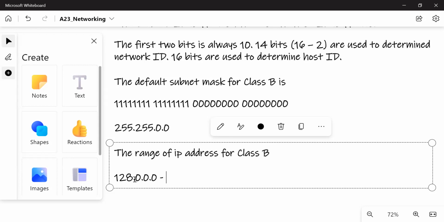Then you go with all ones for the network. That means 1, 0, then all ones. That's how we say. So that will be 191.255.0.0.